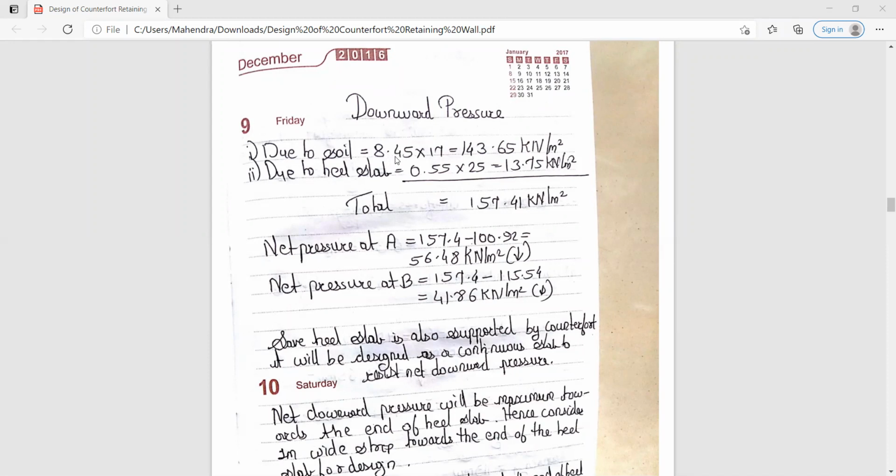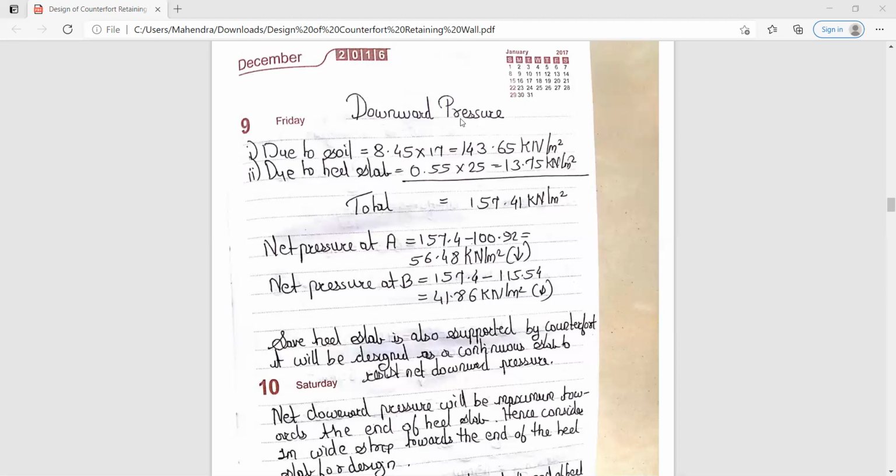So due to the soil, your downward pressure will be height into density of soil, that is the unit weight of the soil given in your question, that is 17. So you get the downward pressure as 143.65 kilonewton per meter square. And due to the heel slab, it will be 0.55 into 25, that will be 13.75 kilonewton per meter square. So total due to the soil plus heel slab comes up to be 157.41 kilonewton per meter square.